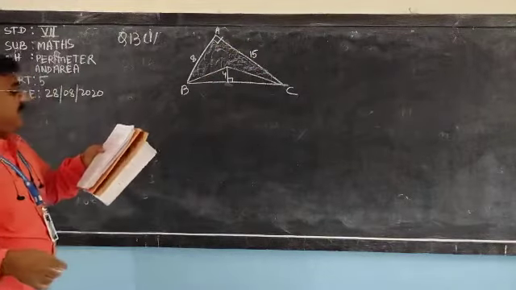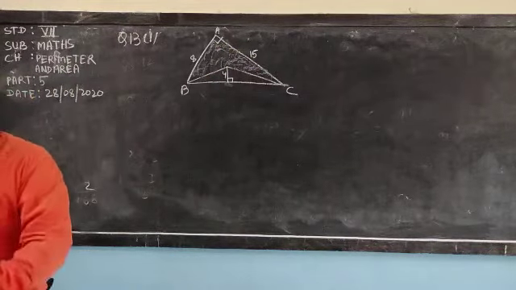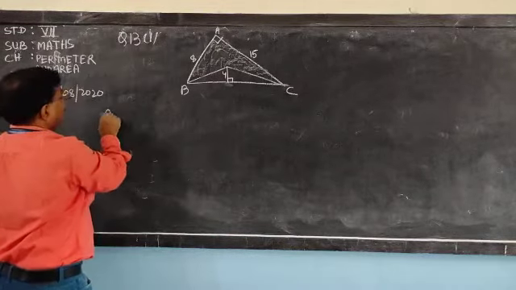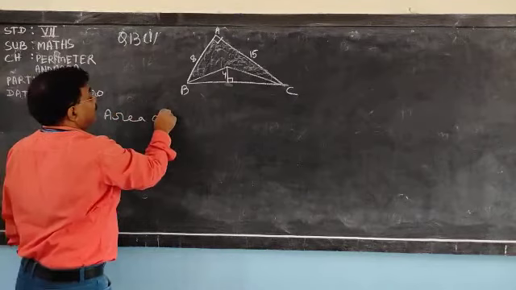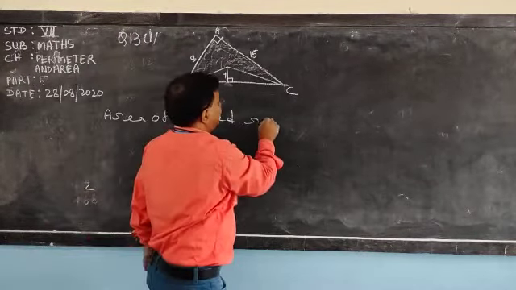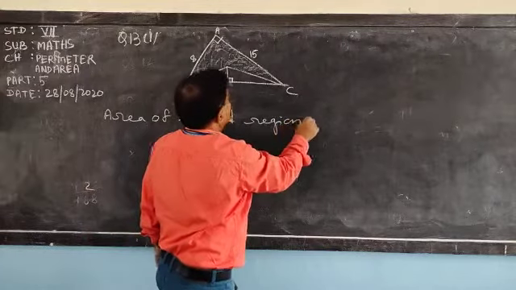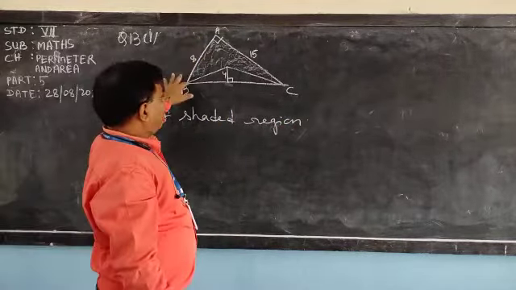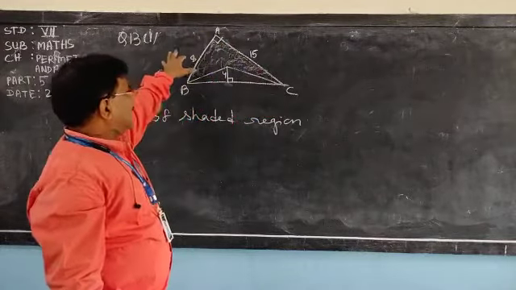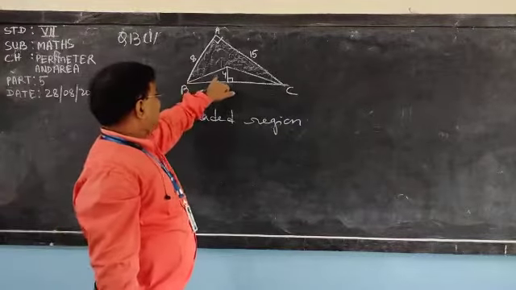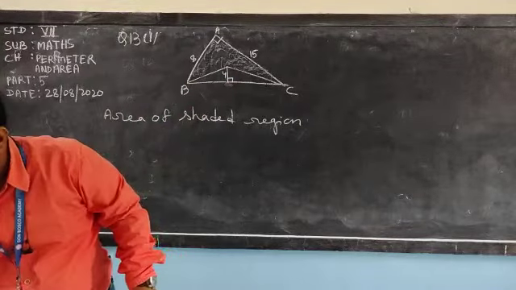Now, find the area of the shaded region. Dear children, what will we do? We will find the area of this large triangle ABC, and this part is unshaded.